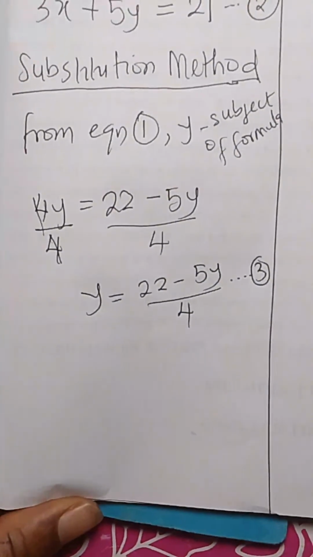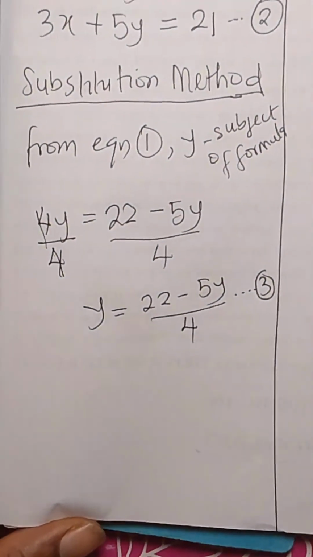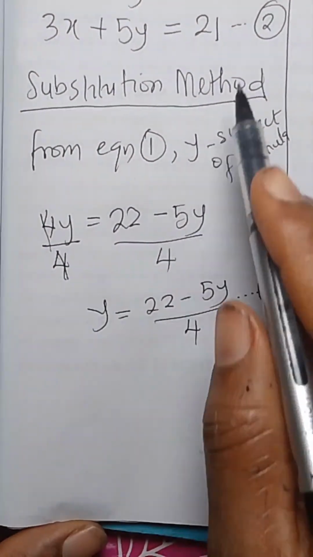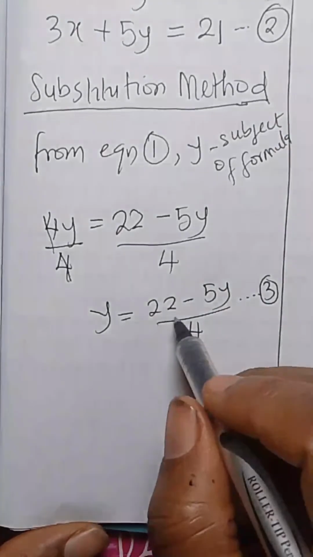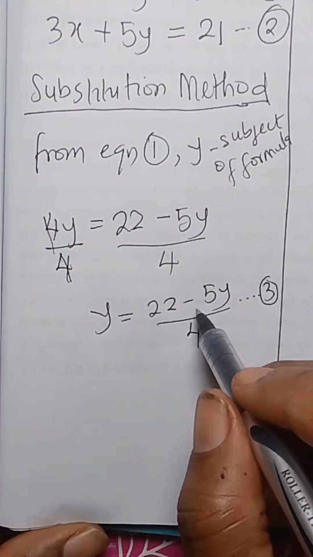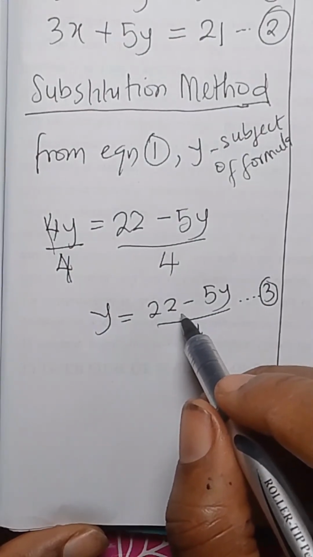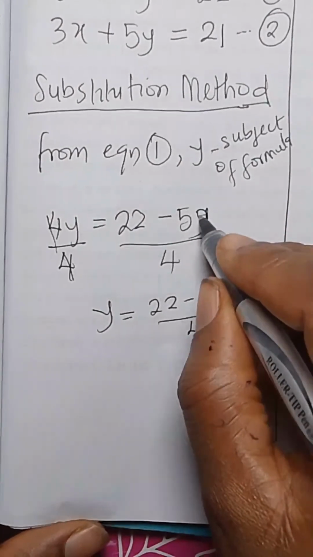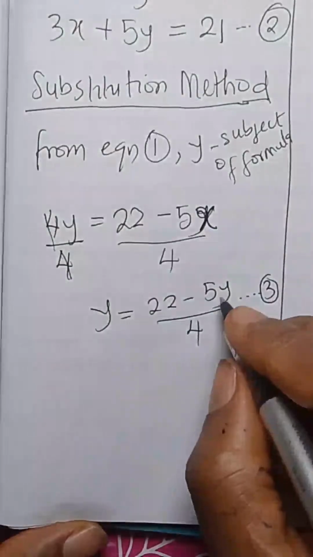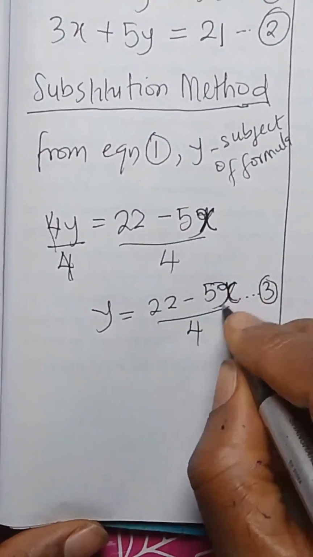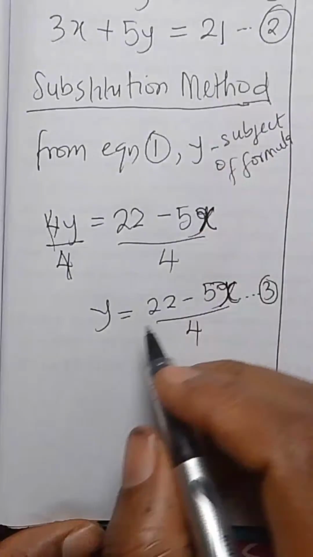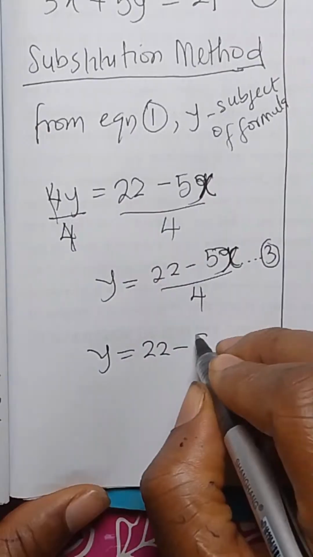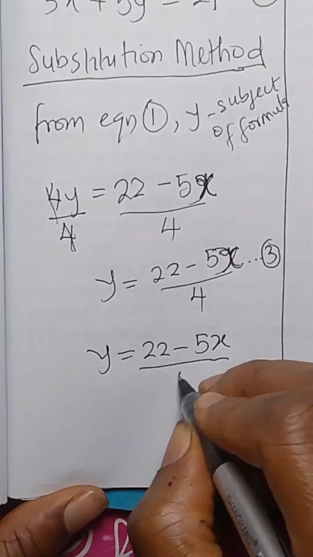Our equation 3, we are going to substitute it into equation 2 because we started from equation 1. Where we see y, we replace it with what we have here. Sorry, this is 5x and not 5y. So our y is equal to 22 minus 5x all over 4.